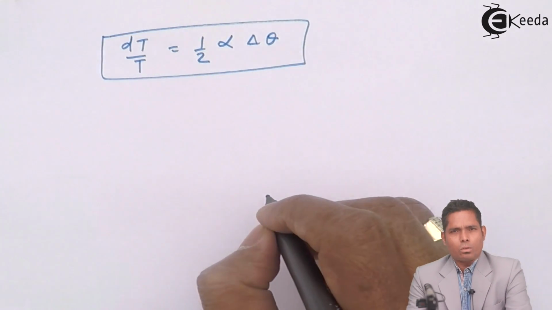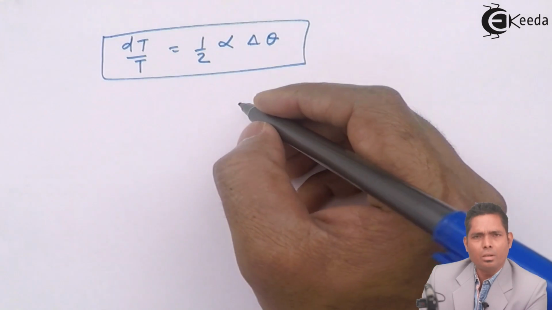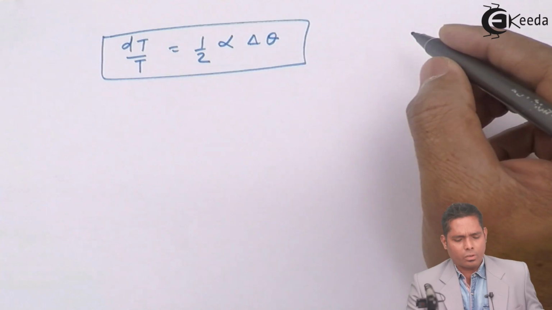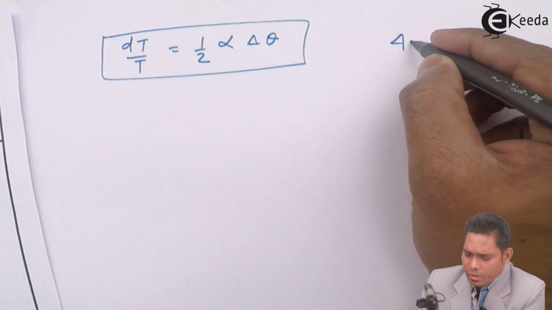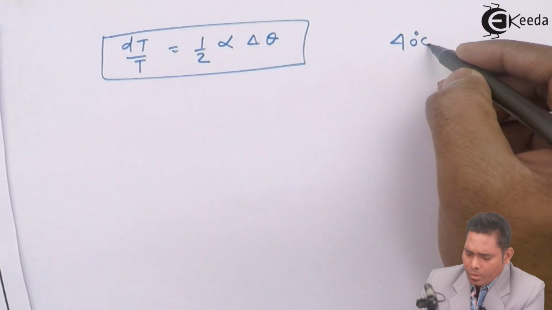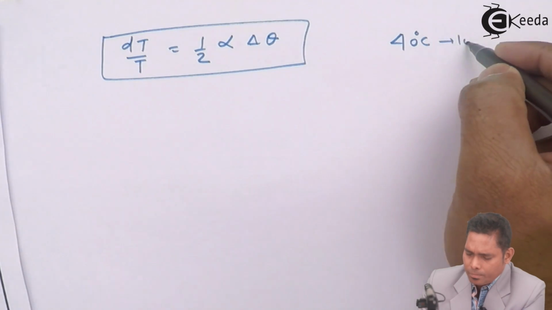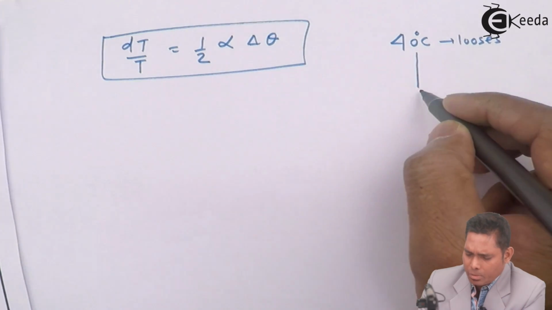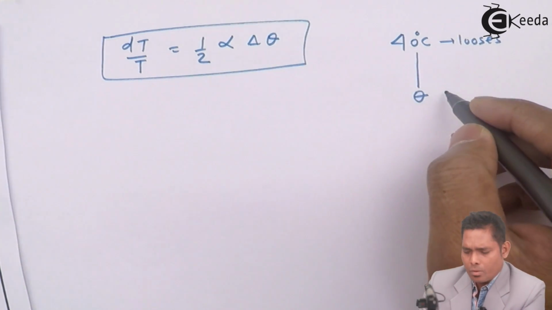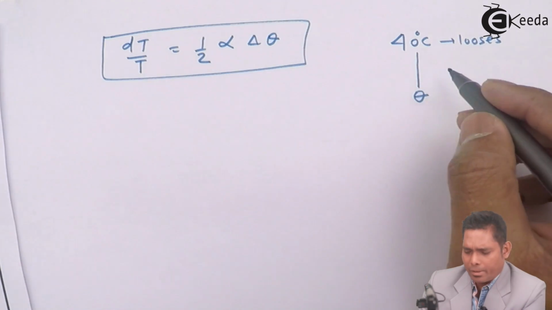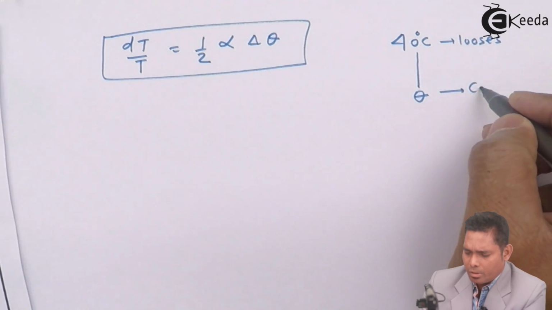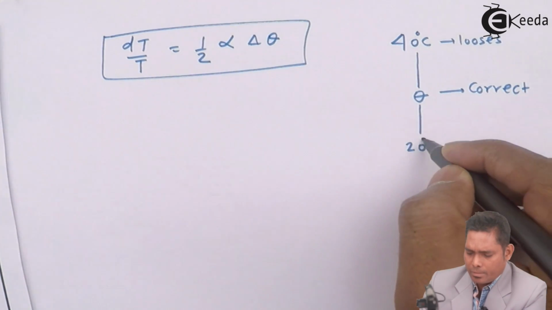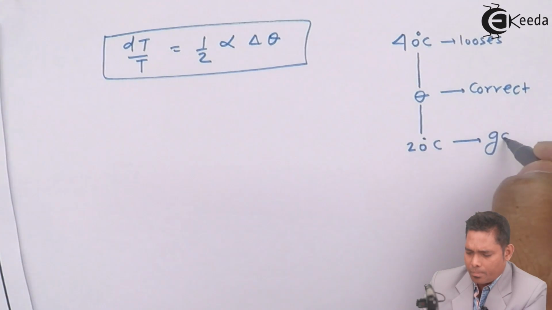Now, how to solve this problem? First of all, what is given is that at a temperature of 40 degrees centigrade it loses time, and at a certain correct temperature, suppose theta is the temperature at which the pendulum gives correct time, and at 20 degrees centigrade it gains time.